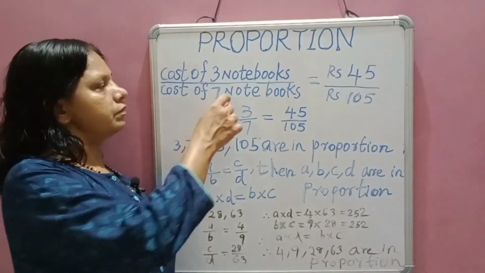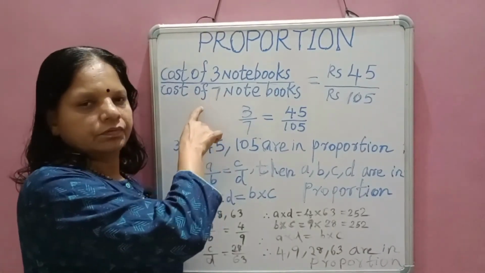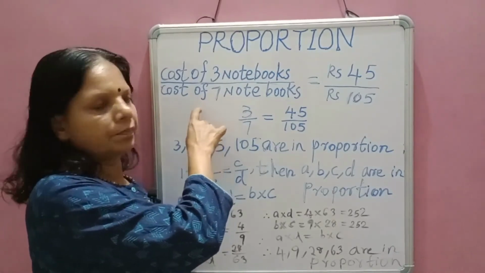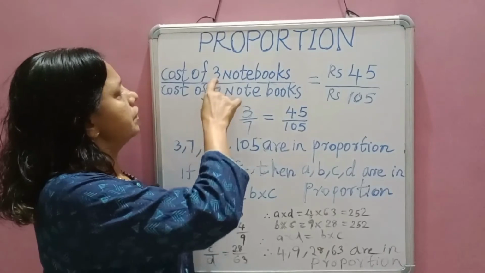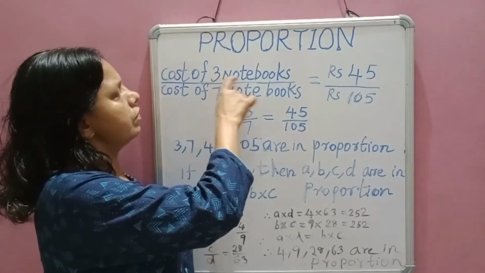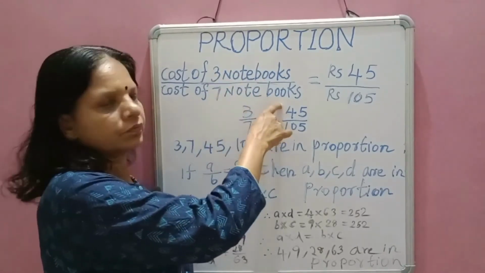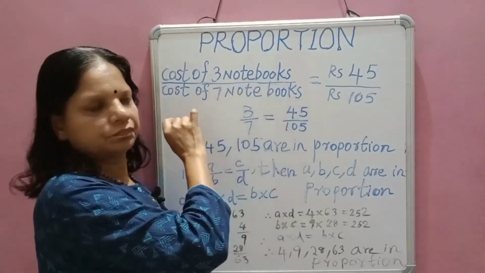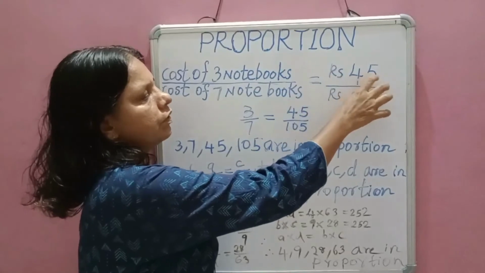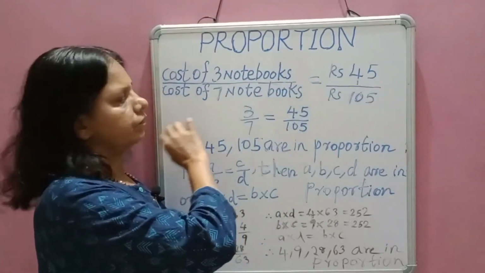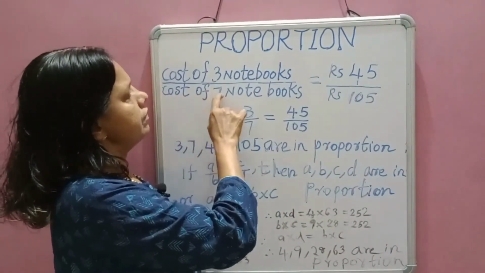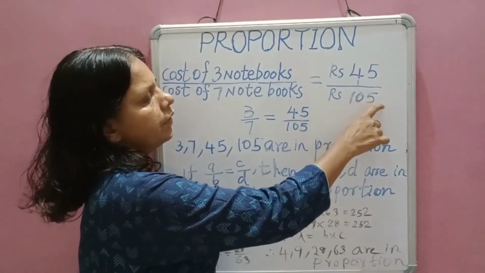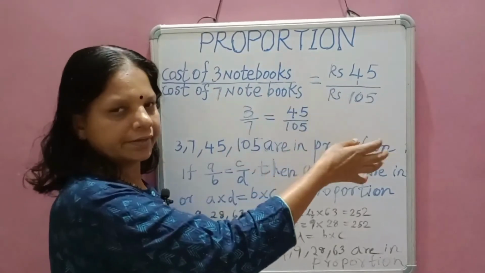Here one more example you see. The cost and number of notebooks, 3 notebooks and 7 notebooks. Cost of 3 notebooks is rupees 45. Cost of 7 notebooks is equal to rupees 105. How did you get this 105?